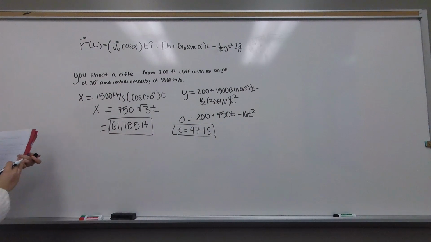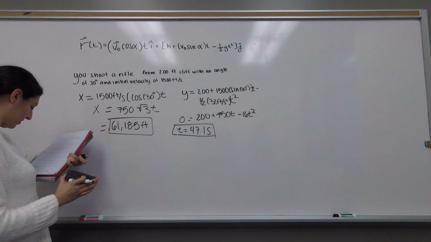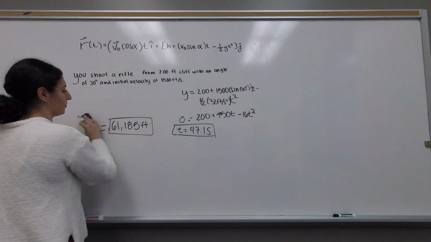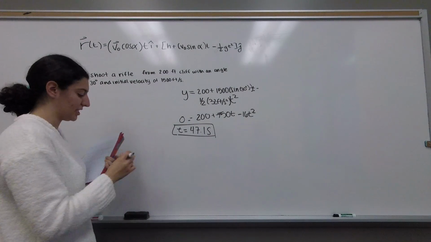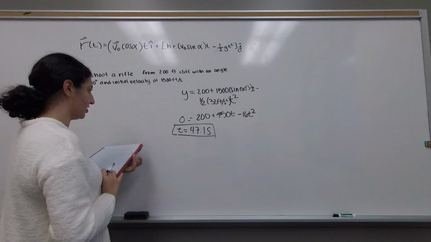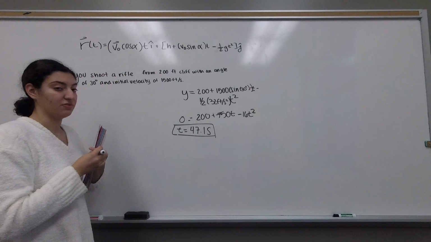And for the max height of the bullet, we find this by using the first derivative of our y function, because the first derivative of a position function is the velocity.